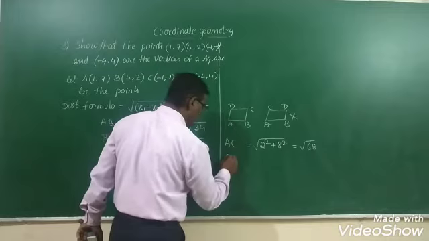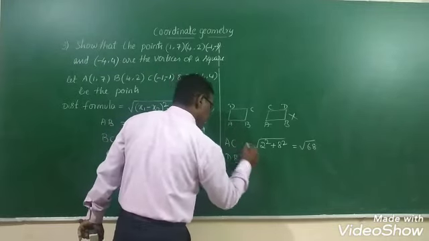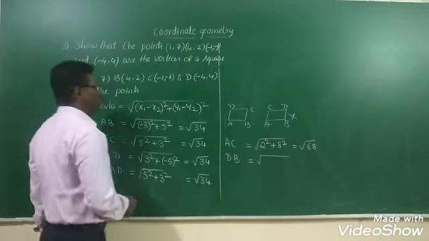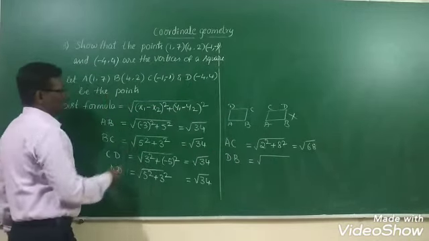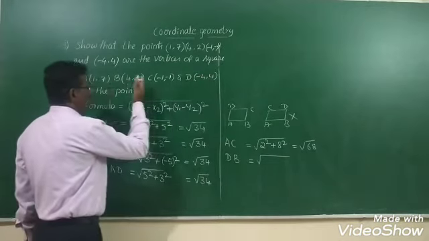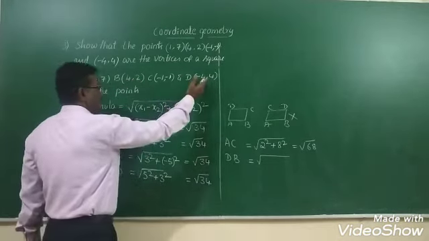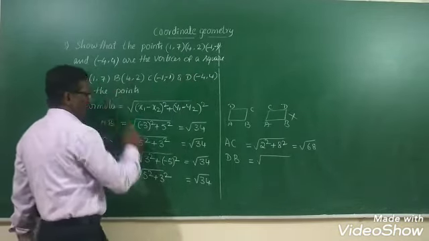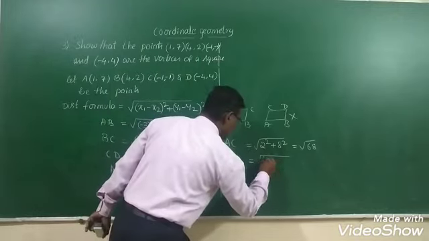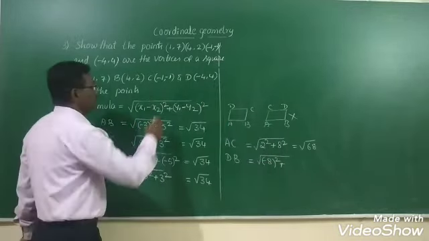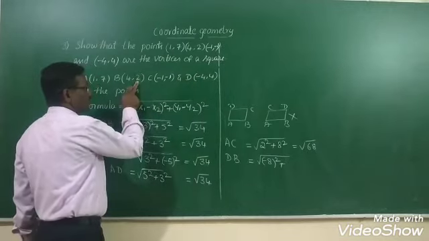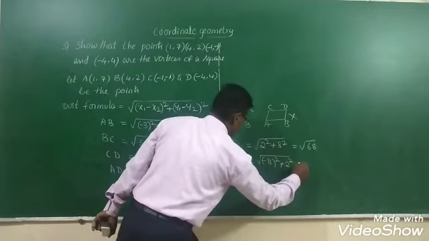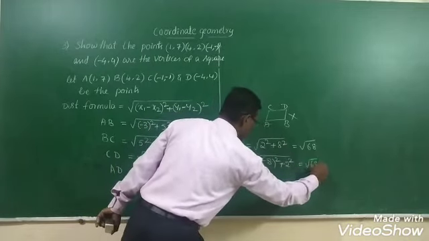Another diagonal DB. So DB or BD we have to mention, no problem. Therefore, D is the first point and B the second point. x1, y1, x2, y2, x1 minus x2, minus 4 minus 4 means minus 8 whole square. y1 minus y2, 4 minus 2 is 2 square. So the same kind of numbers we got, therefore we get 68.